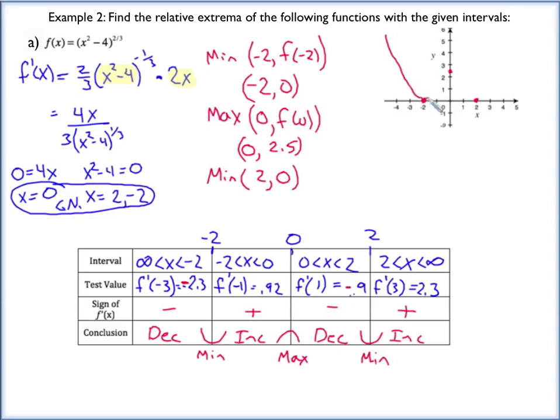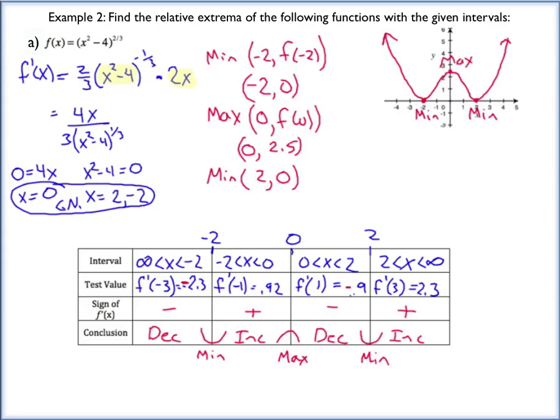Here we know it's increasing. We've got a maximum. It's decreasing. We've got our minimum. And then it's increasing just like so. Okay, so we've got our mins and our max right here.